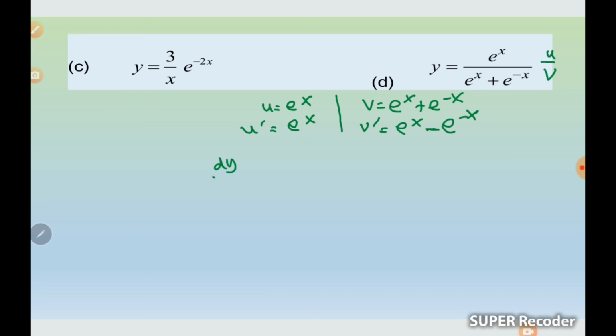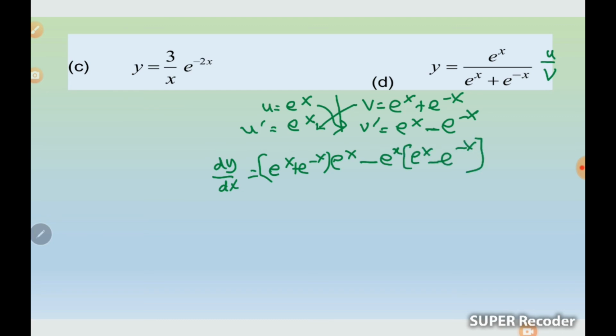So dy/dx equals v multiplied by u prime. So e^x plus e^(-x), you have to multiply with u prime, e^x, then minus u v prime. u is e^x, v prime is e^x minus e^(-x). Then divide by v squared, (e^x plus e^(-x)) squared.